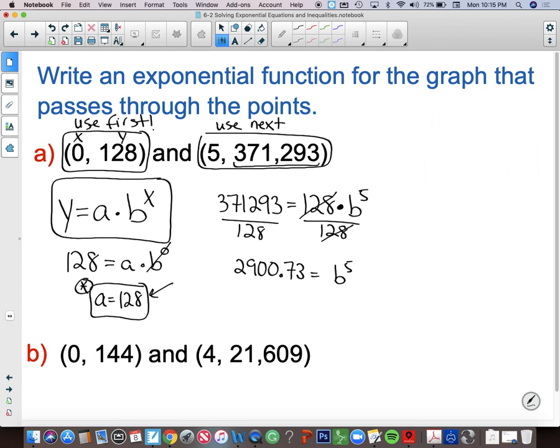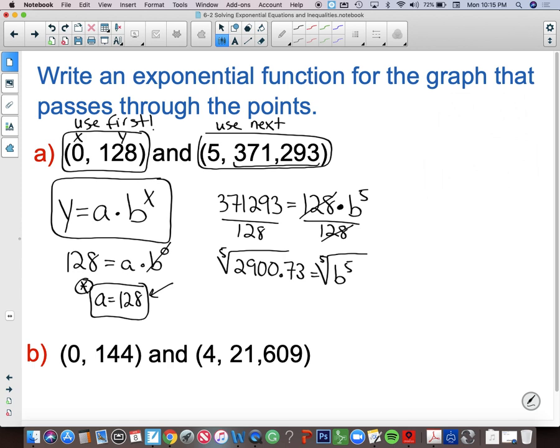Okay, so we got 2,900.73 equals b to the 5th. How do we get rid of the 5th power? Because remember, in order for you to solve for x or y or b, whatever you're doing, you got to have it by itself. Think about inverses. The inverse of an exponent is a radical. So we want to take the 5th root of both sides. So I need to do the 5th root of that 2,900.